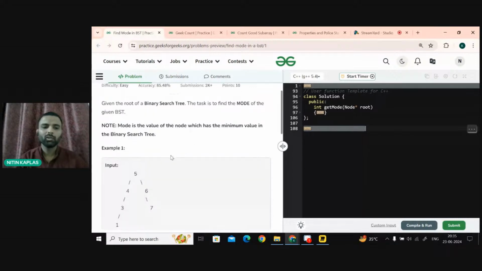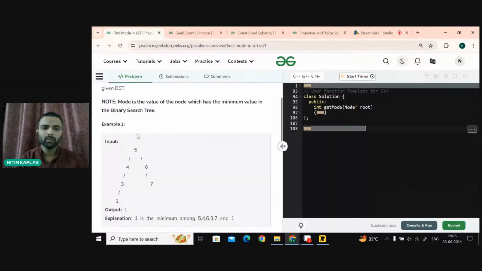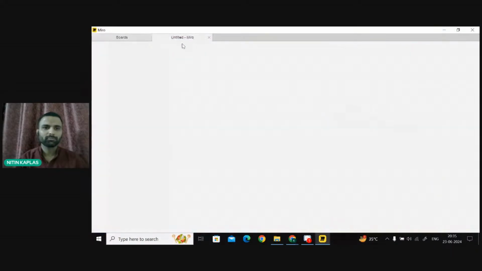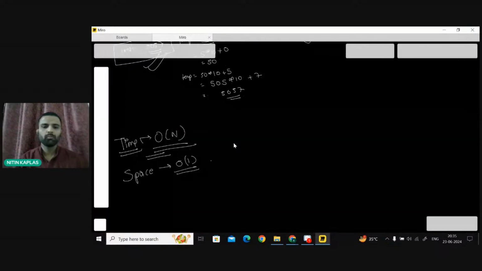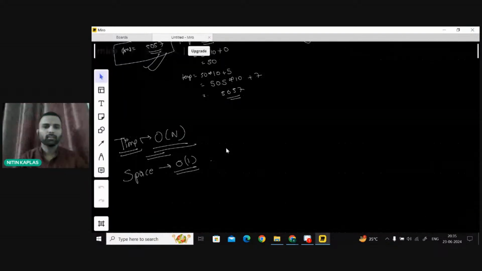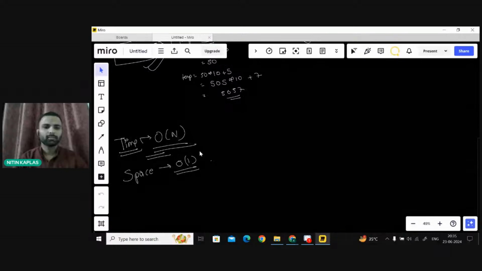So it simply tells you that you are given a binary tree, and inside this binary tree you have to find the mod. What is mod? The minimum value in your binary tree is the mod. So let's take the same example. I hope many of you who are watching live are able to solve it.